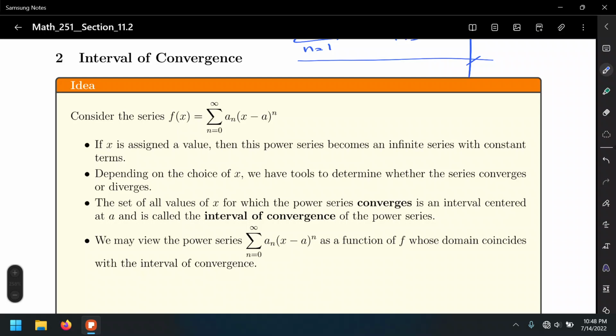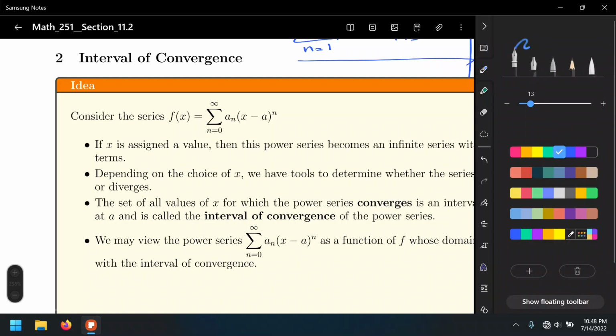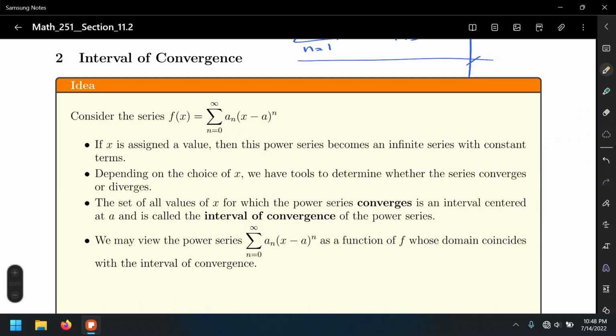For example, if x is assigned a value, then its power series becomes an infinite series with constant terms. But of course, depending on the choice of x, that's the important thing here, we have many different tools to determine whether the series converges or diverges, those tools that we learned before.